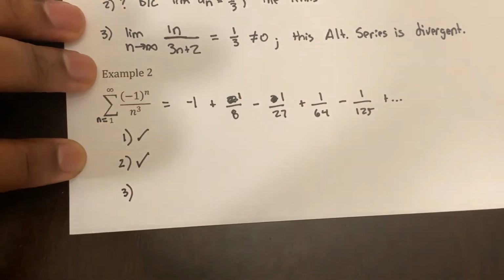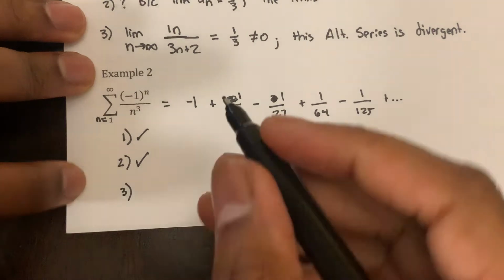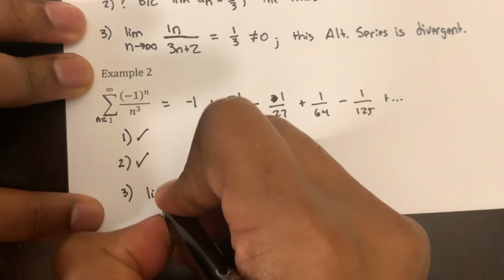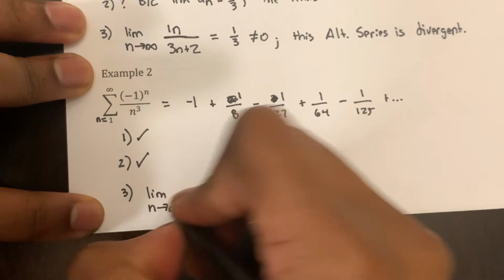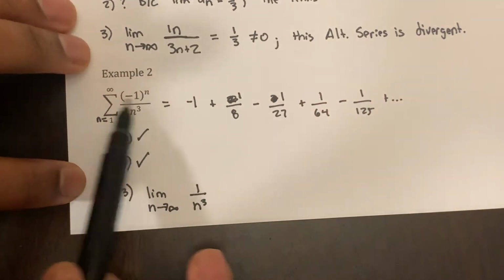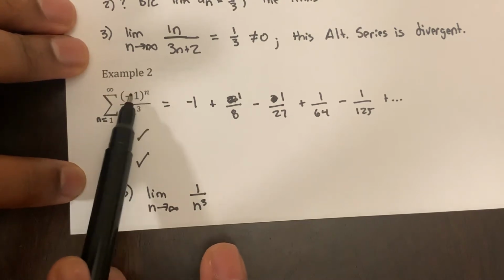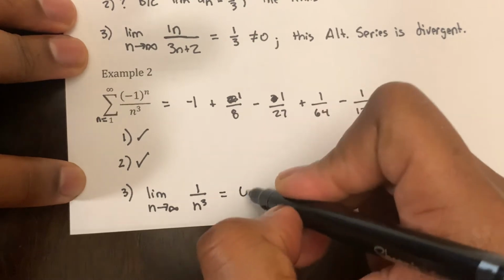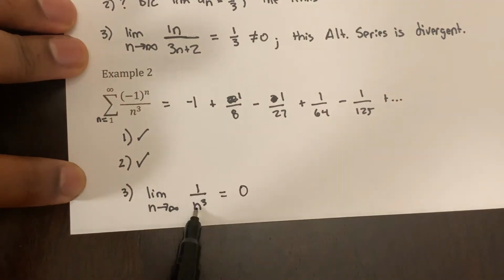And 3, is the limit of the sequence that generates the series equal to 0? So the limit as n approaches infinity of 1 over n cubed. Now again, for the limit, we don't care about the -1. We care about what's in the numerator when the -1 is not present. So this limit equals 0 because 1 divided by a very large number cubed is going to be almost 0.